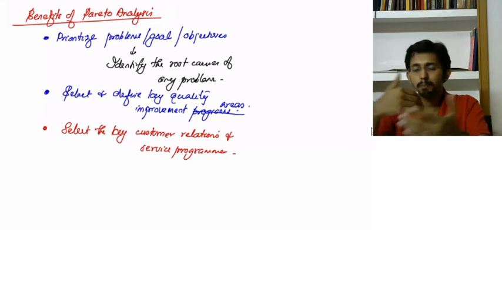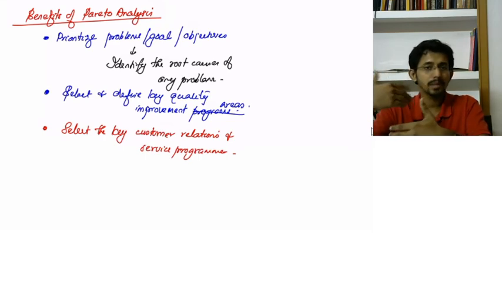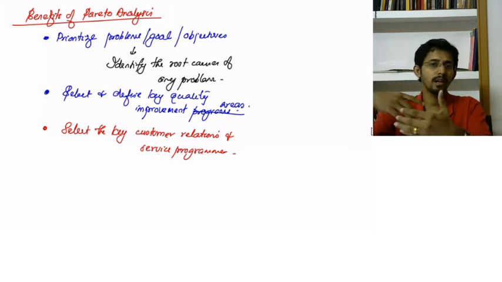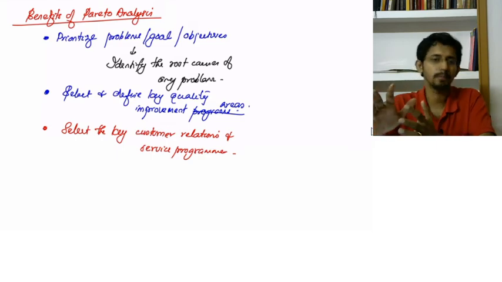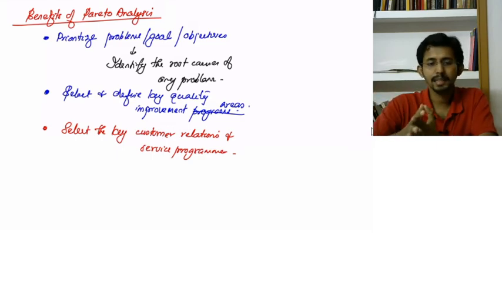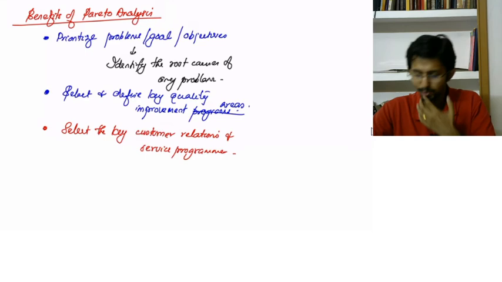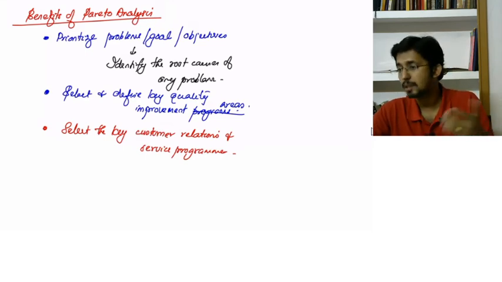So you try to improve your relationship with such customers. You give proper monitoring to those customers and go as per their requirements. So that is selecting key customer relations and service programs. You can serve those customers better.